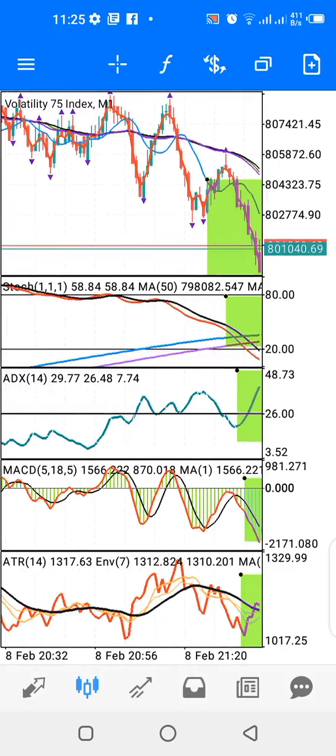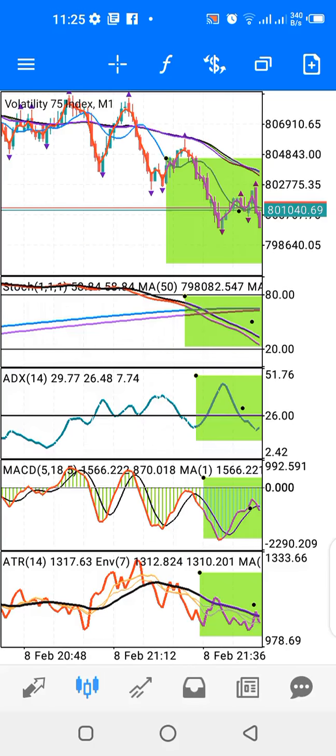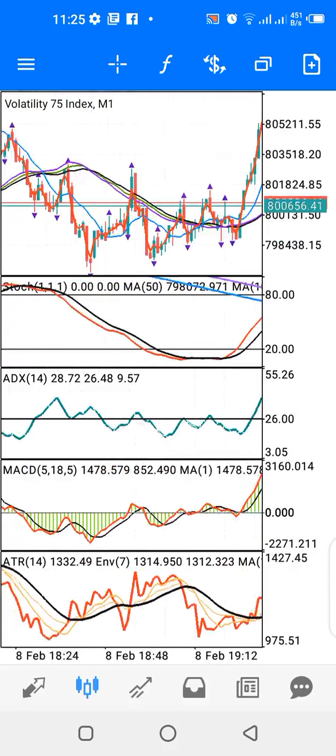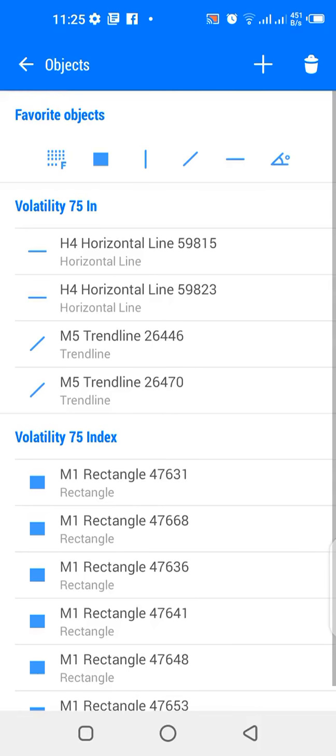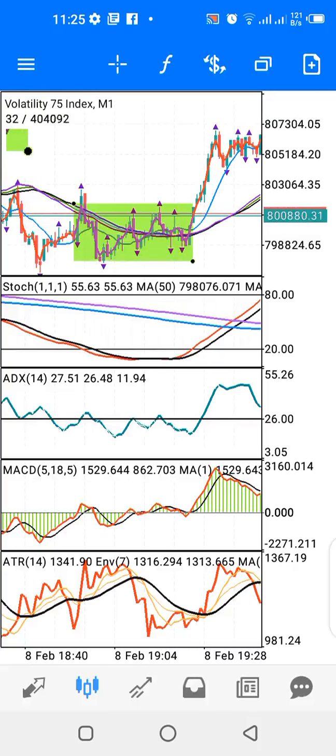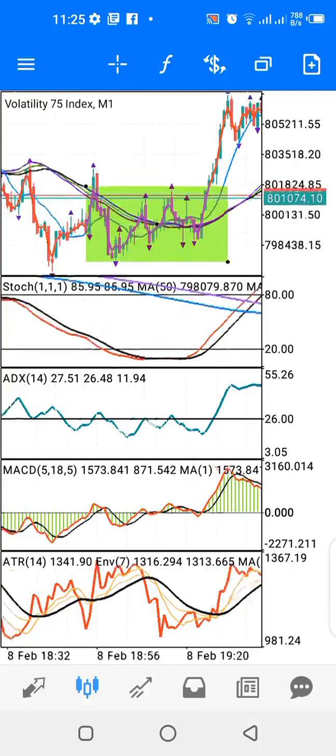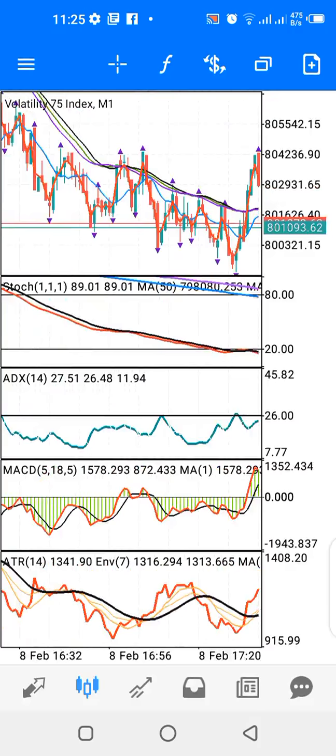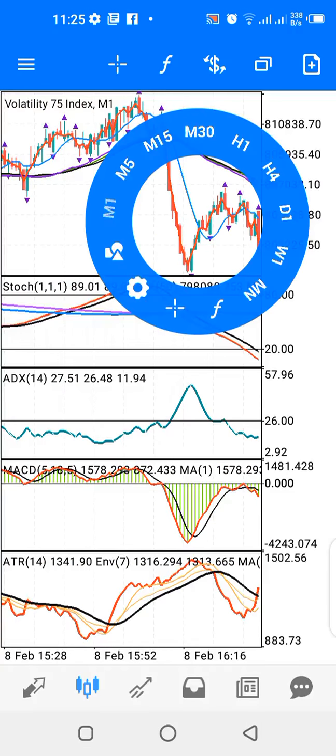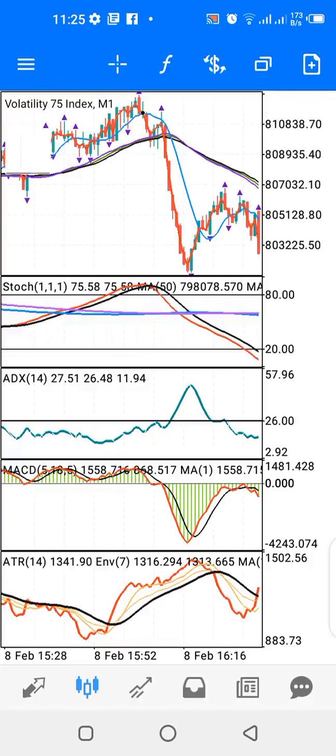Okay, like what we have here, sell. But when they cross up, you have a buy, like what you have around here, a buy. When they cross down, like you have a cross down here, you have your sell.